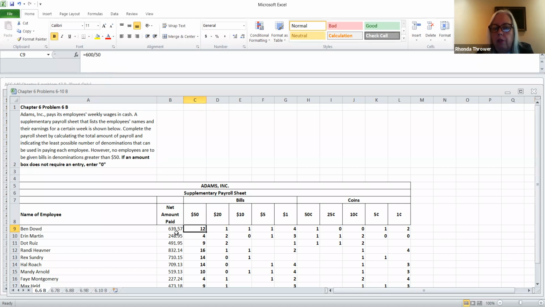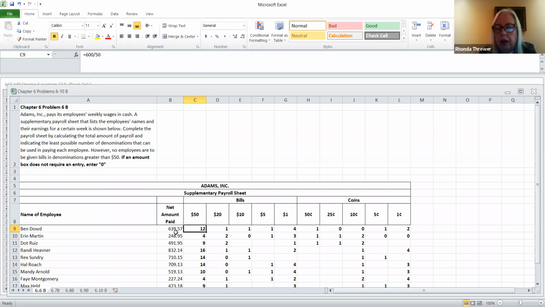in order to pay Ben Dowd $600. Now, obviously, he's going to be paid $639.57. But I think the easiest way is to figure out how many times $50 will go into this evenly. It would be 600 as the even dollar amount divided by 50, which will give you 12 bills. You need 12 $50 bills to pay $600.